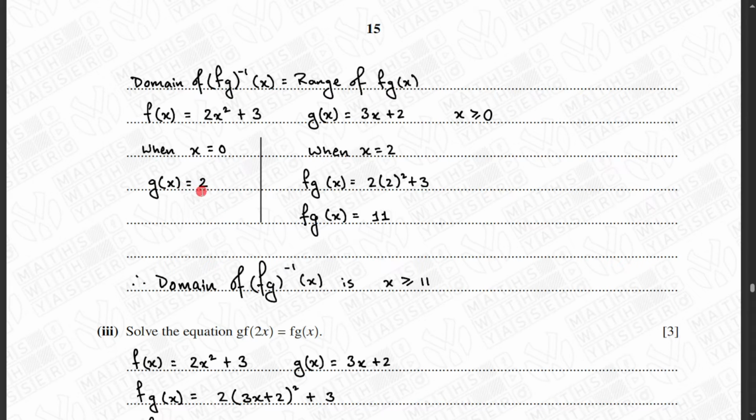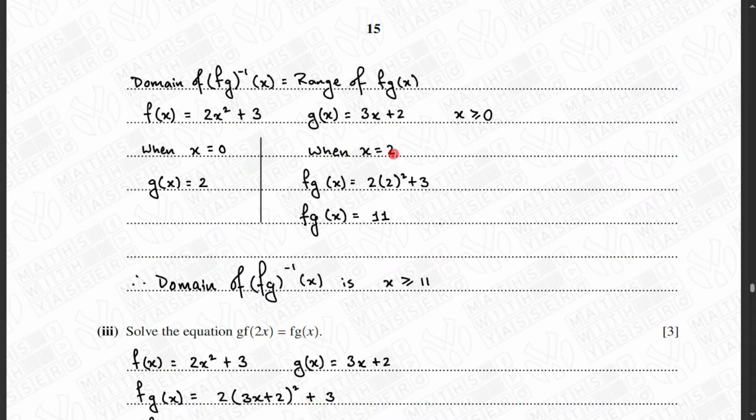So when g of x is equal to 2, this is the range of g of x. That means this is the output of g of x, and we know that the output of g of x will become the input of f of x when it's a composite function.